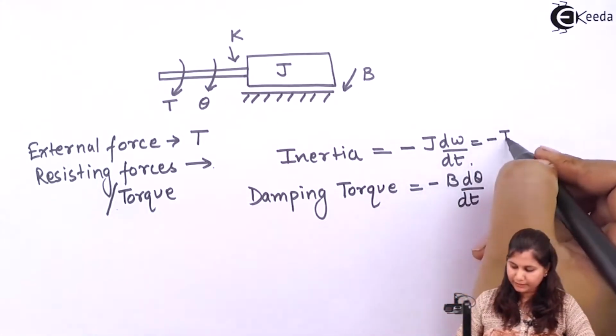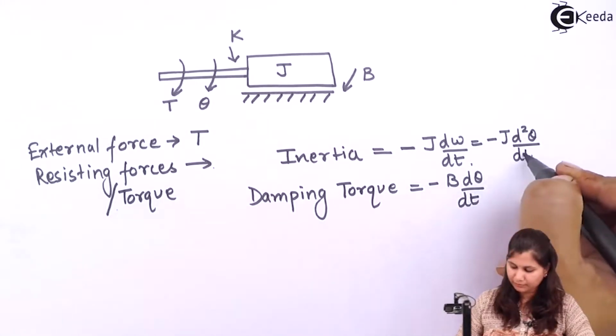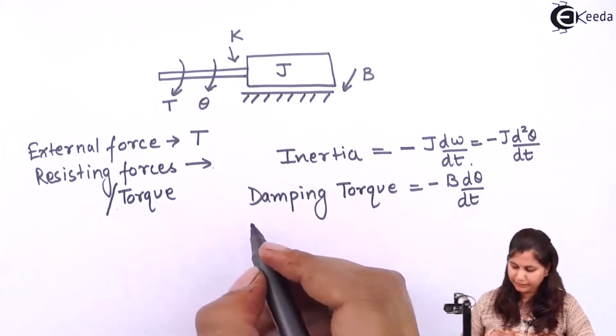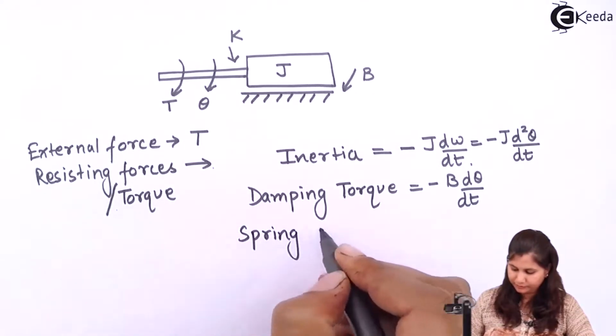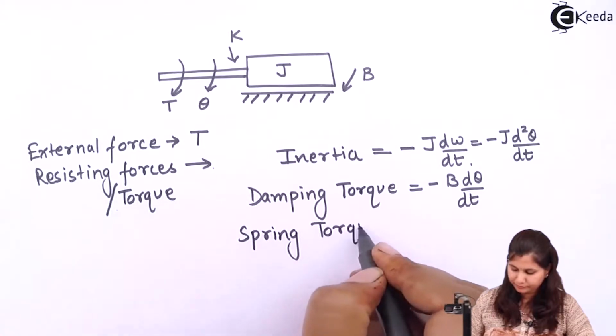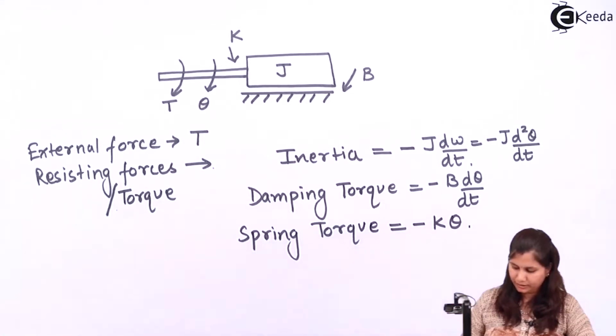We can also write it in terms of theta, so that all the terms are in the same form, d2 theta by dt square. And here we have the spring torque as minus K theta.